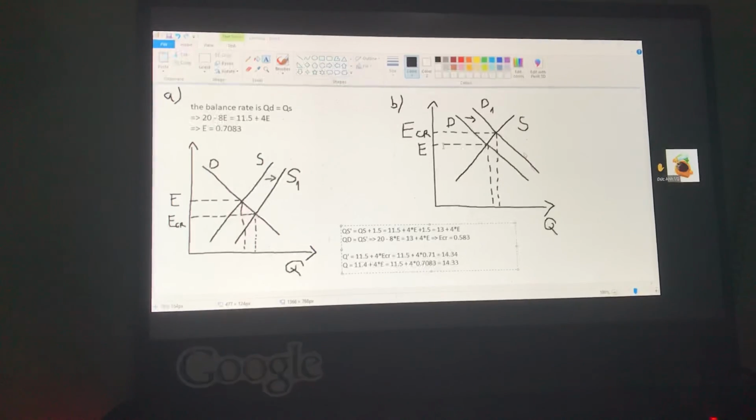When the Reserve Bank buys more AUD, the quantity will increase from 14.33 to 14.34. When you read question B, here we need to compute the change in the foreign reserve, right? And the foreign currency of Australia is USD, right?